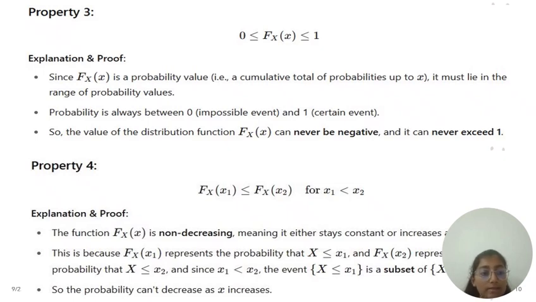This is because F_X of x1 represents the probability that capital X is less than or equal to x1, and F_X of x2 represents the probability that X is less than or equal to x2. Since x1 is less than x2, the event for x1 is a subset of the event for x2, so the probability can't decrease as x increases.